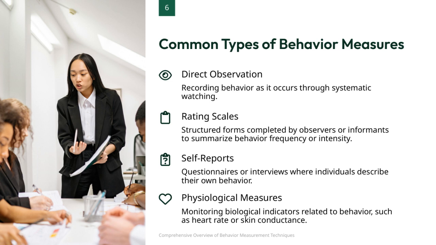Another method is self-reports, where individuals provide information about their own behavior through questionnaires or interviews. Lastly, physiological measures focus on tracking biological indicators linked to behavior, like heart rate or skin conductance, giving us insight into the body's responses. Each of these methods offers a unique way to understand behavior in different contexts.